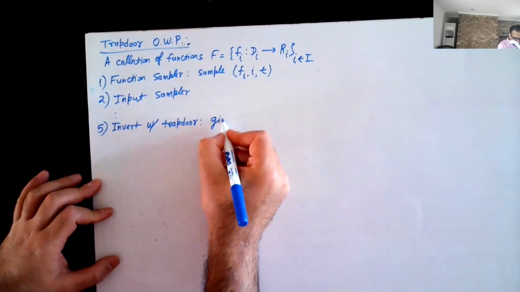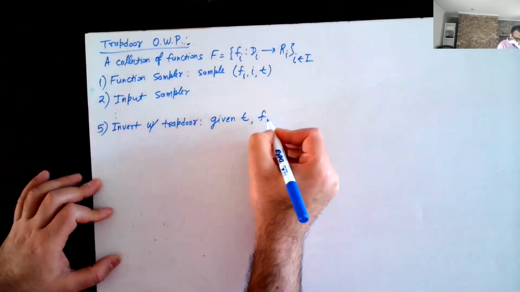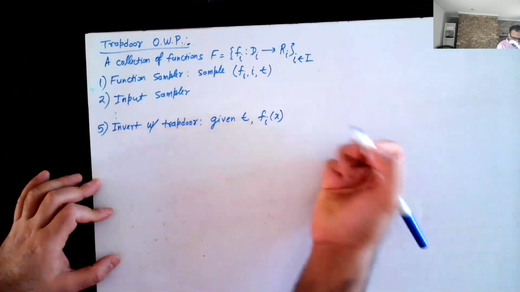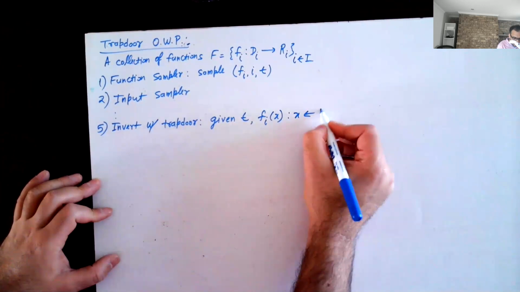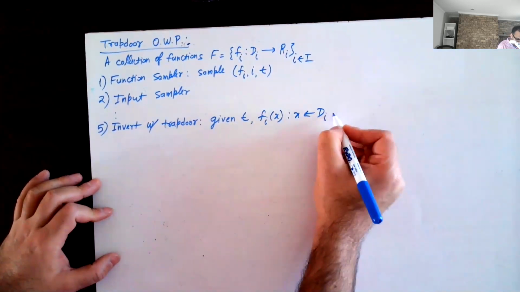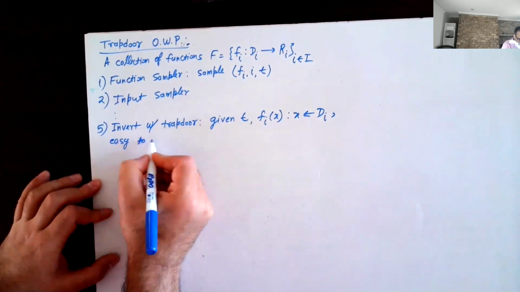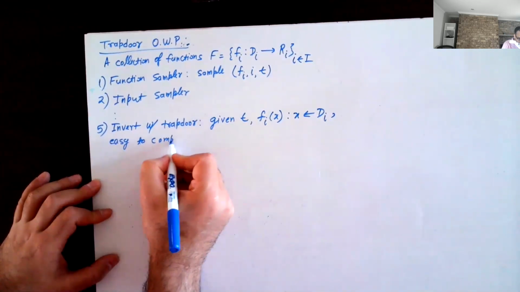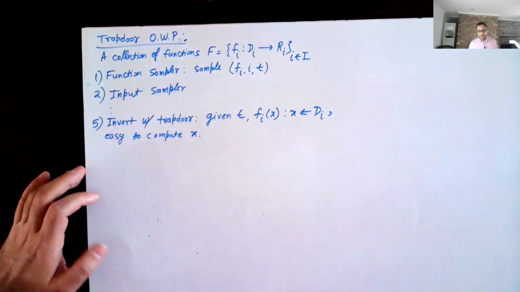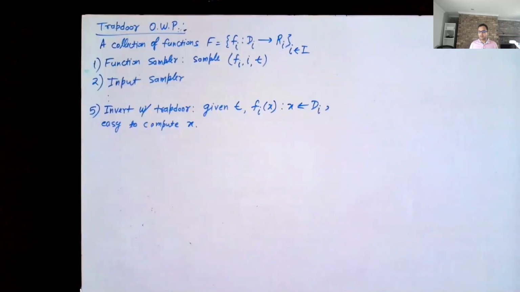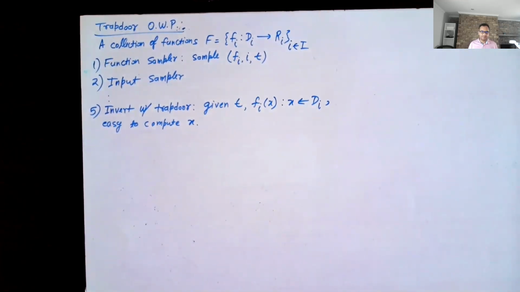Given t and given f_i(x) such that x is sampled from D_i, it's actually easy to compute the input x. And remember, we are talking about permutations. So given the function output, there's only one possible input.